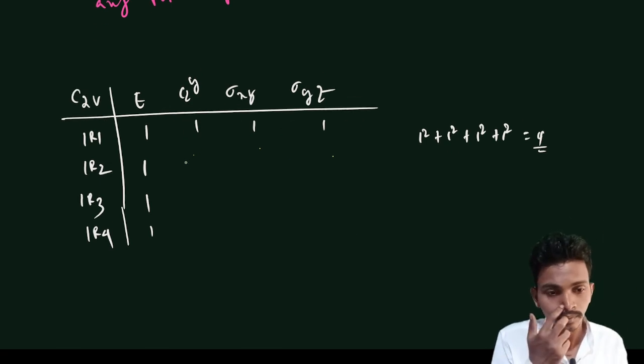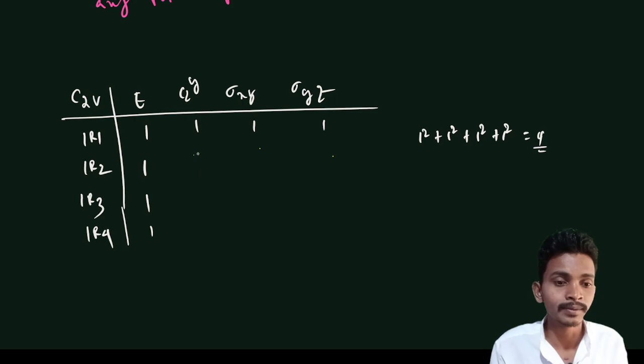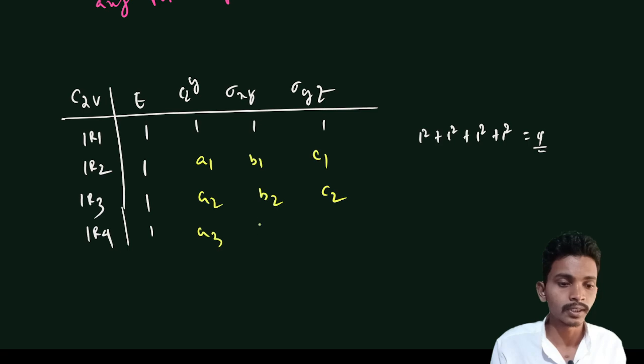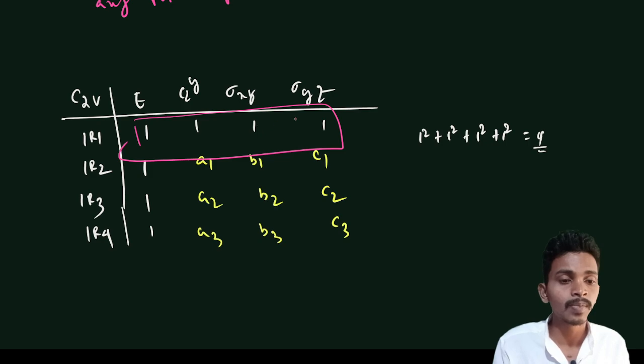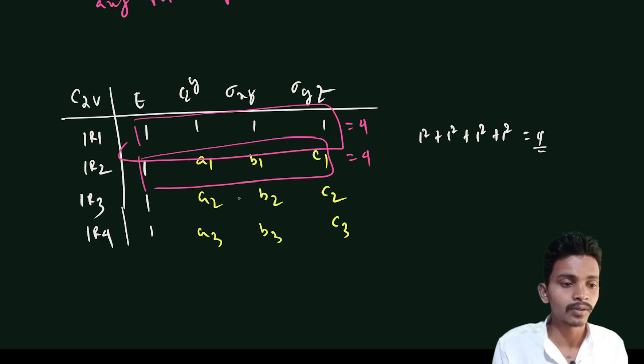So if I write A1, A2, A3, and B1, B2, B3, and C1, C2, C3, the sum of squares of each of these must give 4.